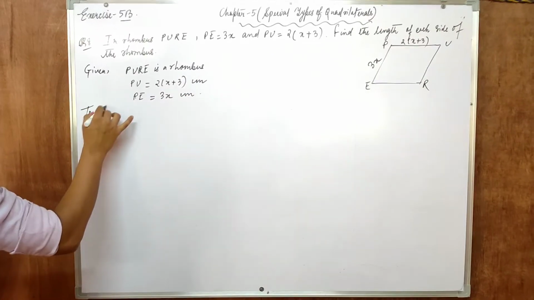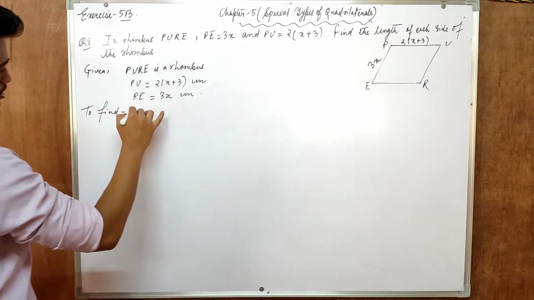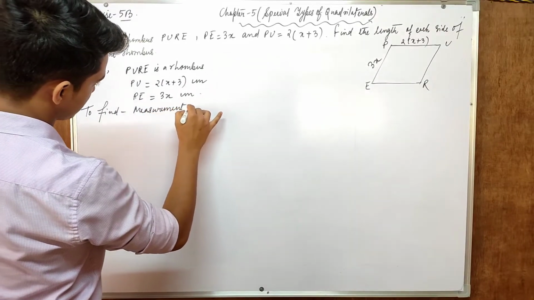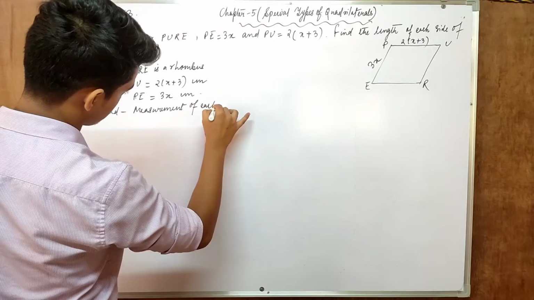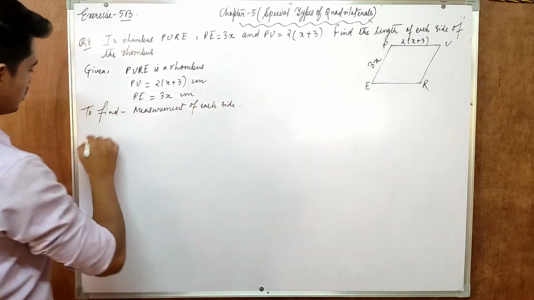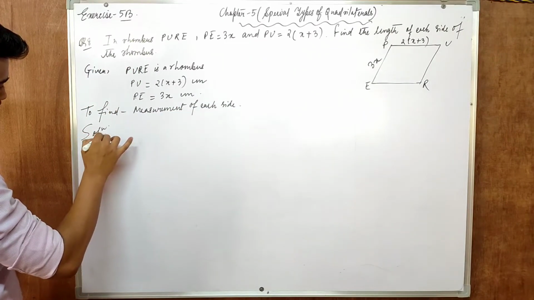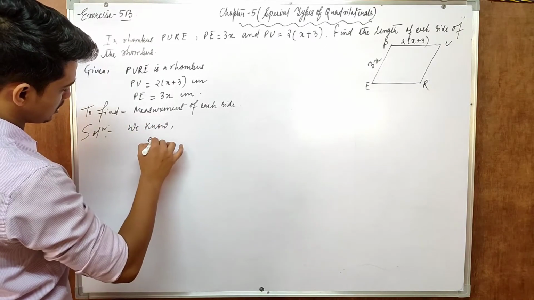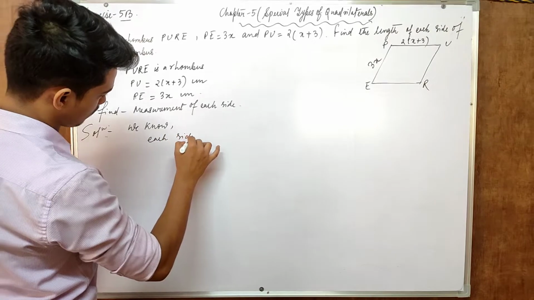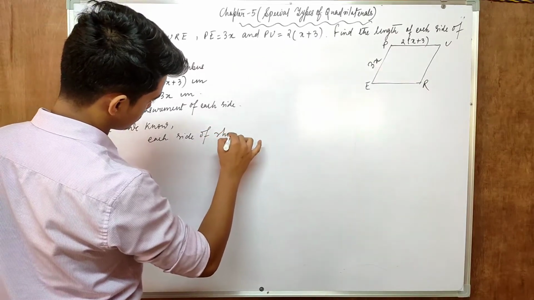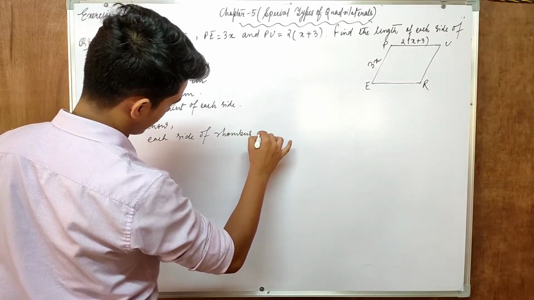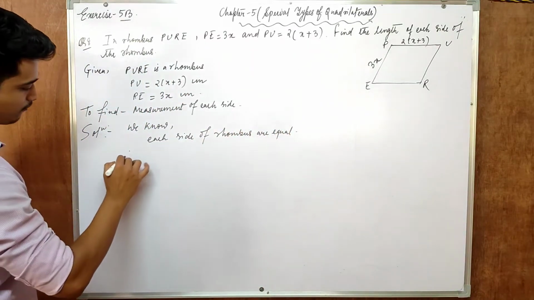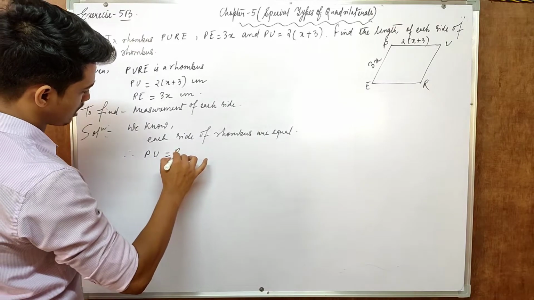To find the measurement of each side. All right, so the solution: we know each side of a rhombus is equal. Therefore PU is equal to RE.